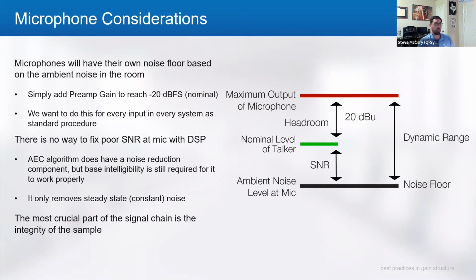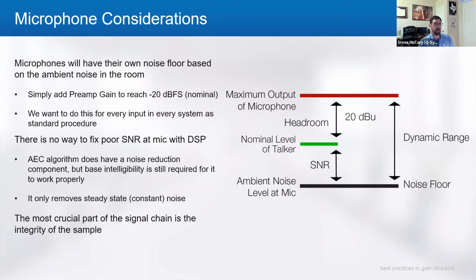So you are wanting to make sure, if you're trying to hit a negative 20 dBFS nominal level with a microphone, that means with nobody talking and you just turn on the microphone in the room, if you have a noise floor that's negative 35 or higher, then you're not going to be able to get your good intelligibility out of it.